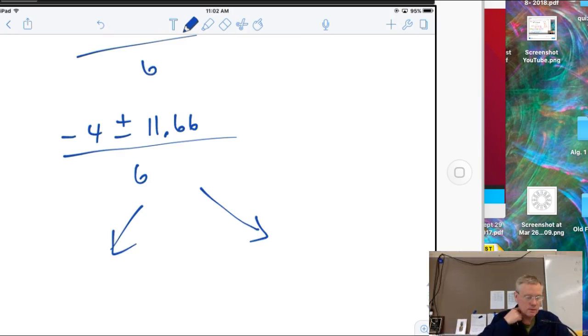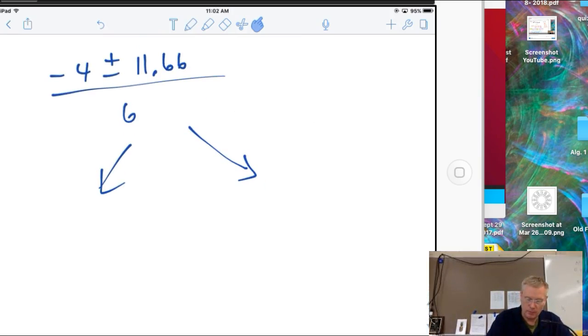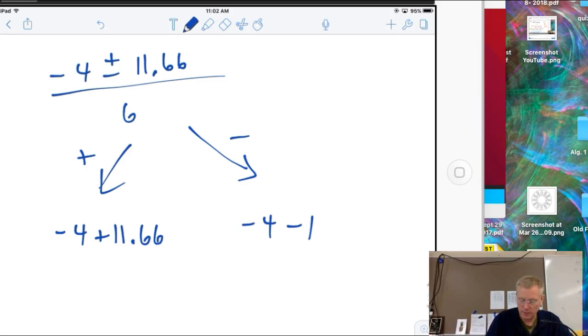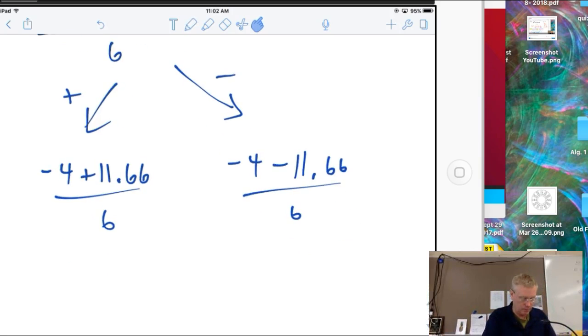And then I can go over here and break up the plus minus. Here's the plus, here's the minus. I got negative 4 plus 11.66, negative 4 minus 11.66. They're both over 6. And when I take that and punch it into my calculator, I get 1.17.